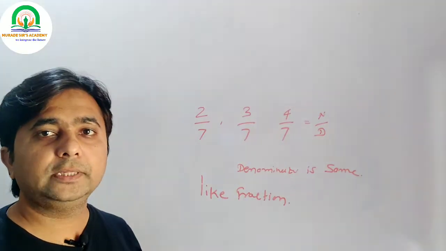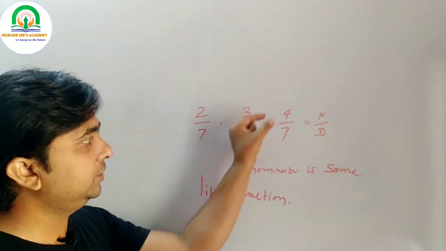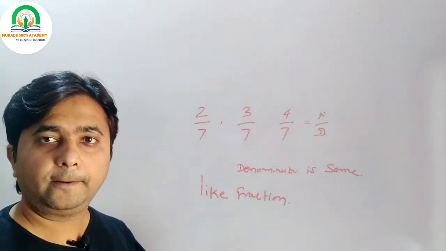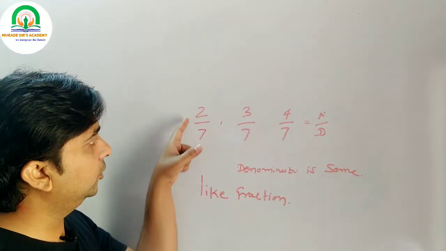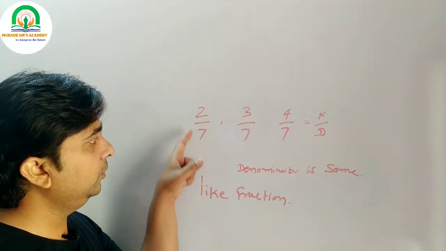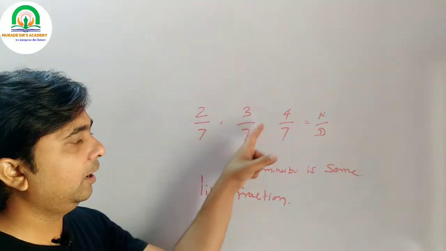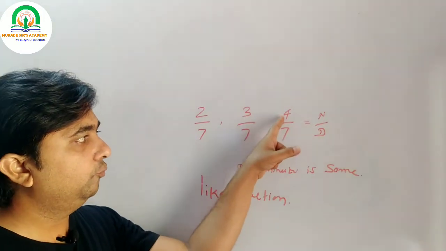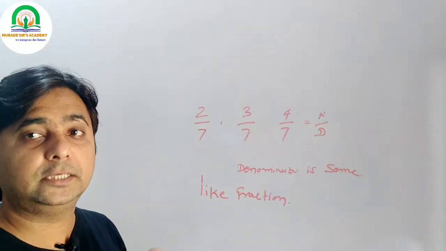It also means that I took the seventh part from each number. From 2 I took the seventh part, from 3 I took the seventh part, and from 4 I took the seventh part. That's why it is called like.